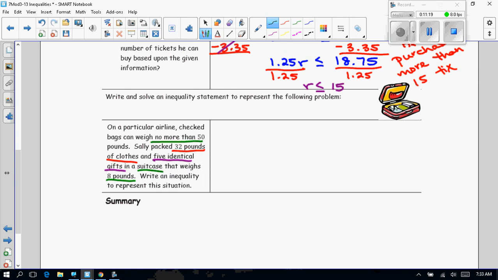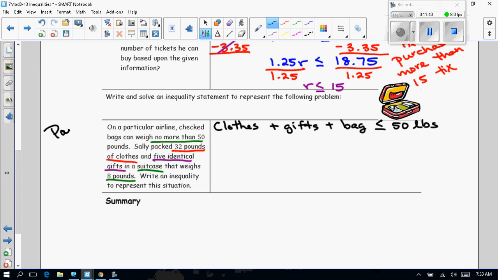So I'm going to help you guys get this started. You're going to keep track of the clothes. This is me and my crazy hieroglyphics. Clothes plus the gifts plus the bag. And it has to all be less than or equal to 50 pounds. All right, I've set it up.